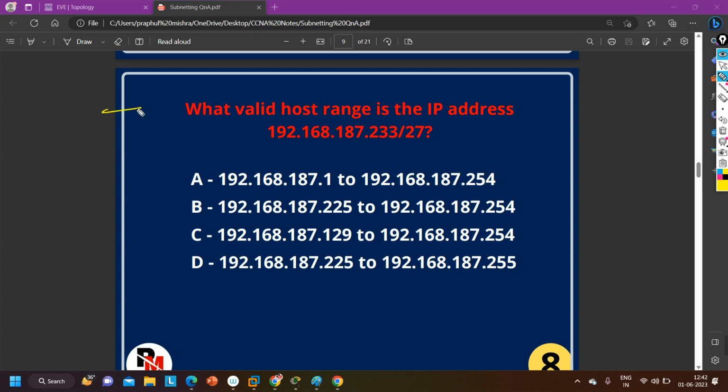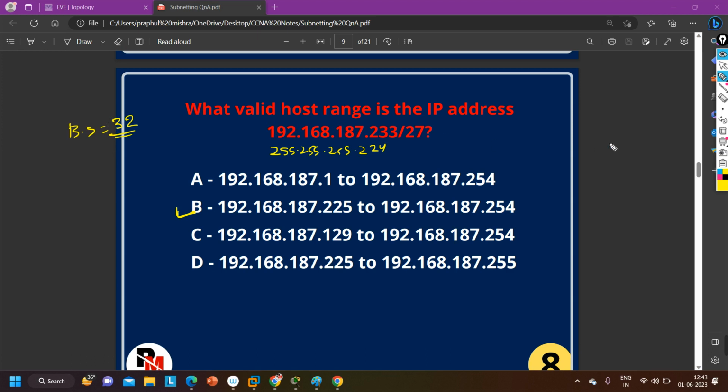Yes, here tell me the answer, guys. B. Okay. What about others? What is the subnet mask? 255.255.255.224. So we find the block size, the block size will be 32.